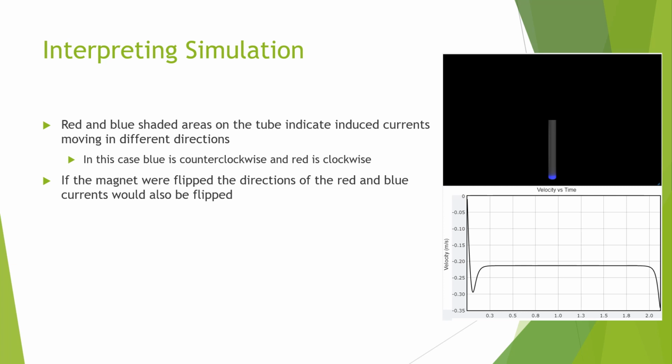Basically, this represents the increase in magnetic flux in the negative y direction, as well as the magnetic field in the positive y direction opposing it, represented by the counterclockwise blue shaded area. And if the magnet were flipped, the directions of the red and blue currents would also be flipped, so blue would be clockwise and red would be counterclockwise.